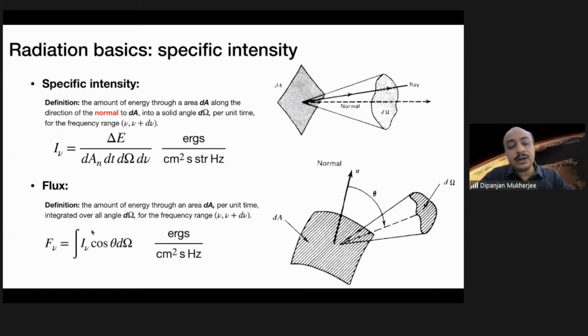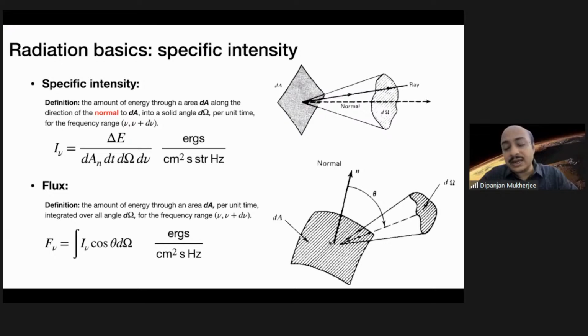And of course, since the intensity is associated with the area that is normal to that ray, while doing this integral, we must also consider the fact that this particular area will have a normal component along the direction n.